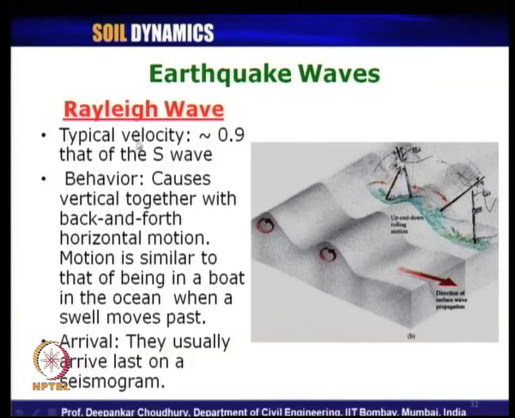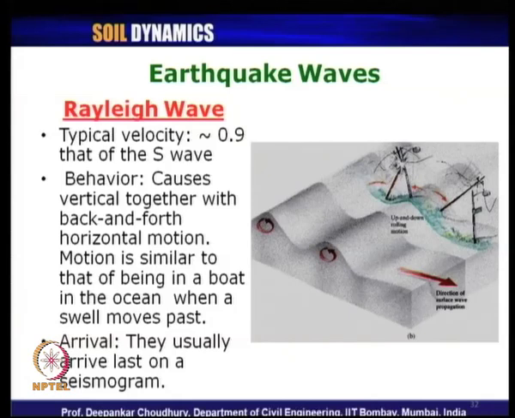Coming to the sub-classification of surface waves, for the Rayleigh wave, the typical velocity is about 0.9 times that of the shear wave, that we have seen through the expressions of the relation between Rayleigh wave and shear wave, which is a function of only the Poisson's ratio.